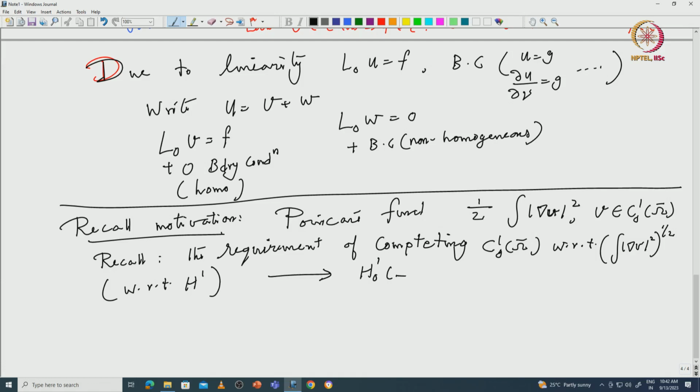So that is the Sobolev space we will be using to study these equations.